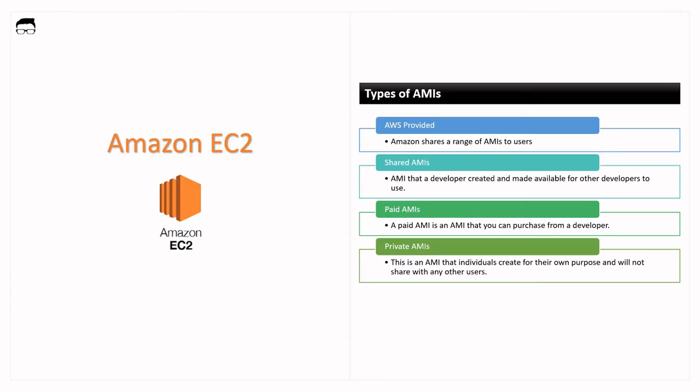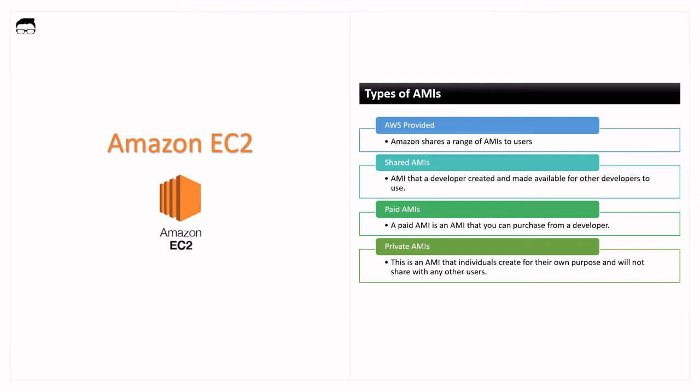Amazon AMIs are further classified into four categories: AWS provided AMIs, shared AMIs, paid AMIs, and private AMIs. AWS provides a few AMIs for their users to use. When we launch an EC2 instance, we see a number of AMIs being displayed in the Amazon console, and they are the AMIs shared by Amazon.